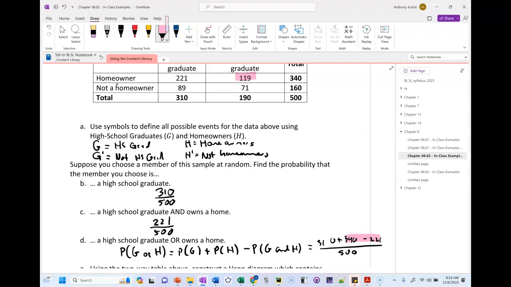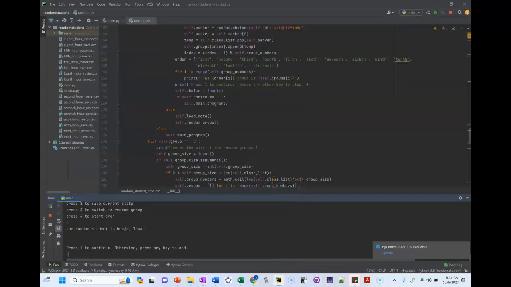But I'm going to write it out as this probability plus this probability minus that probability, because I think it's a little bit easier to go back and see rather than just 310 plus 119. That was a hard one because you had to realize they were not mutually exclusive.